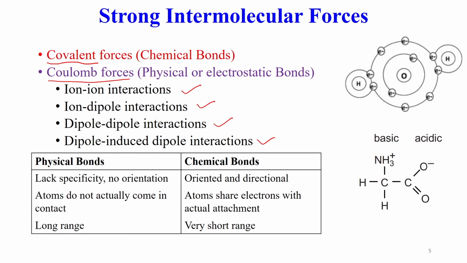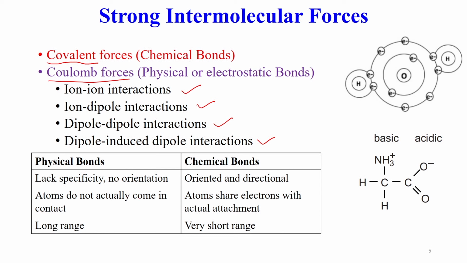If you want to classify these two, physical and chemical bonds: the chemical bond, as you know, the covalent bond, is highly oriented and well directional. It is a result of electron sharing between the atoms, and it is a very short range force. But physical bonds are long range forces.